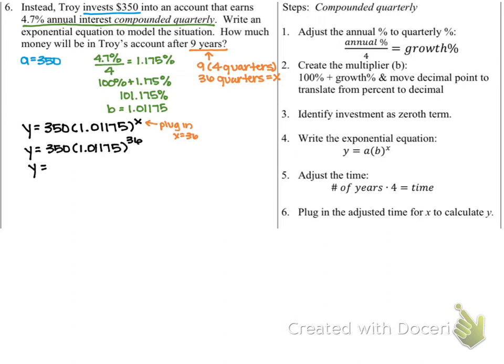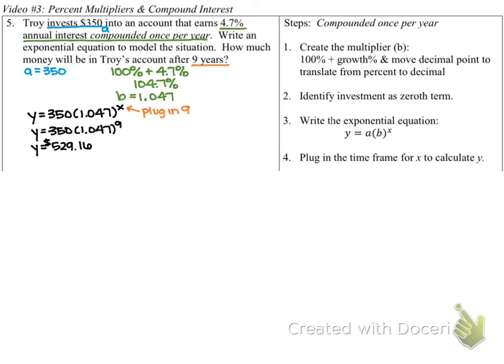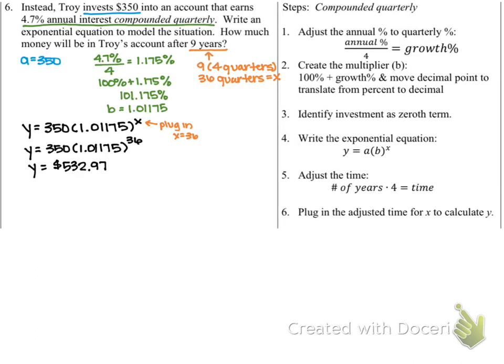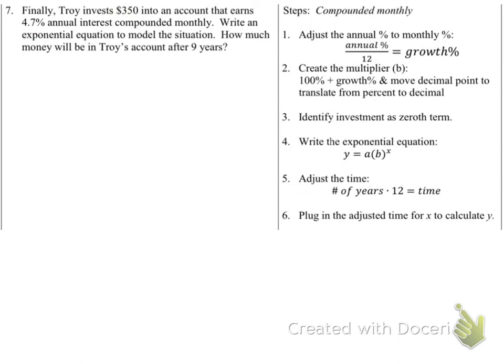All right, so if we type that in, we're going to get 532. We're going to do the same thing we did before. We're just going to write the first 2 decimal places and then dump everything else. There's nowhere they're going to round for us. If you compare this to the previous answer, the more often you compound, the more money you should have. So 529, 532.